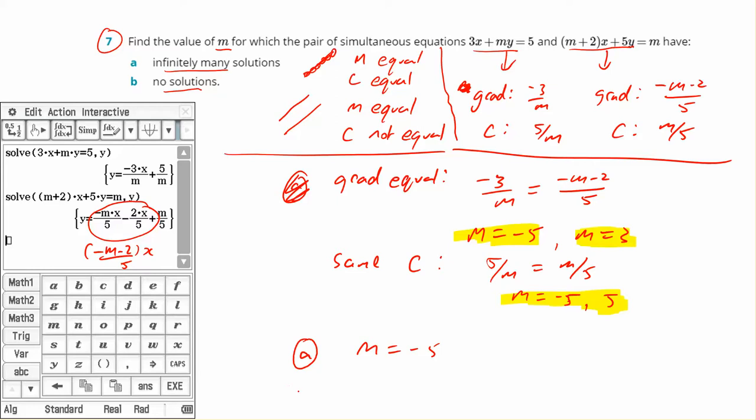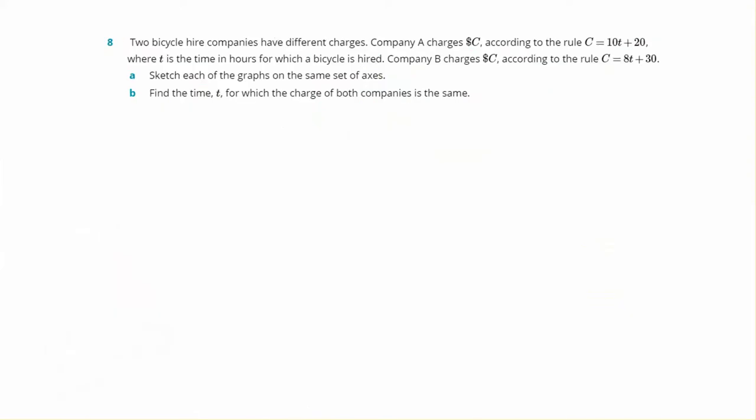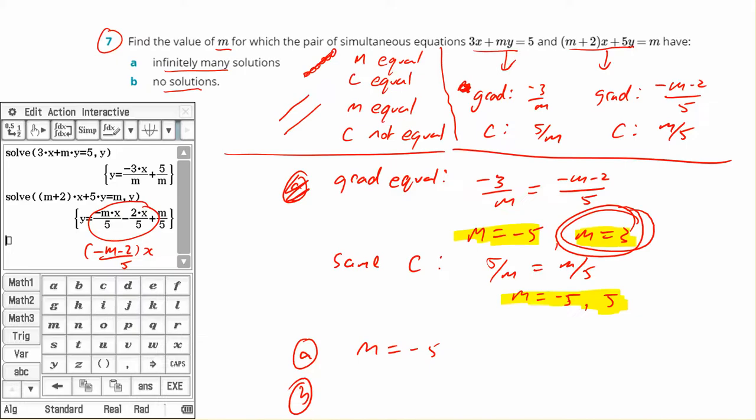Whereas for part B, we want the gradient to be equal, but we do not want the y-intercept to be equal. So we can't accept m equals -5 because then both will be equal. So the only option is m equals 3. The reason I choose m equals 3 is because the gradient will be equal, but the y-intercept won't be equal, because nowhere in the solution for the y-intercept is m equal to 3.